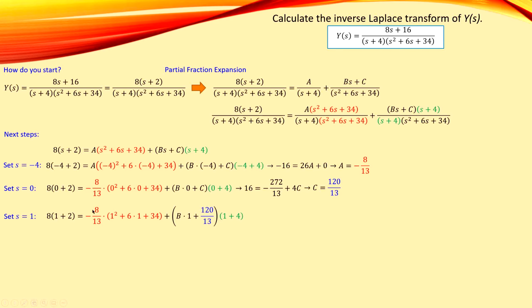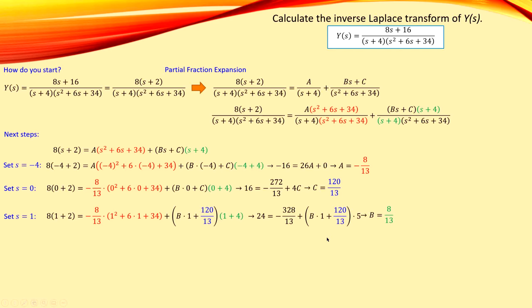If I simplify this, I get 24 is equal to minus 328 divided by 13 plus b, plus 120 divided by 13 times 5. Now I just do the math and simplify. It is not really that difficult, I think. You will get that b is equal to 8 divided by 13.